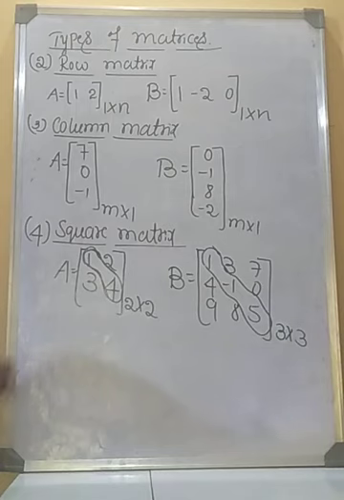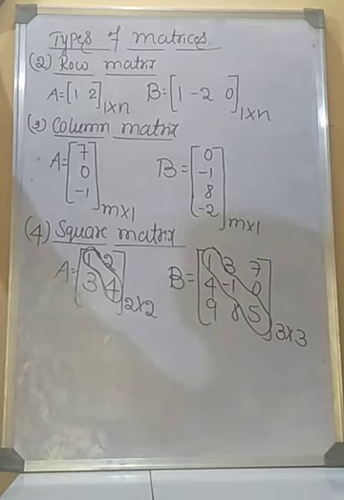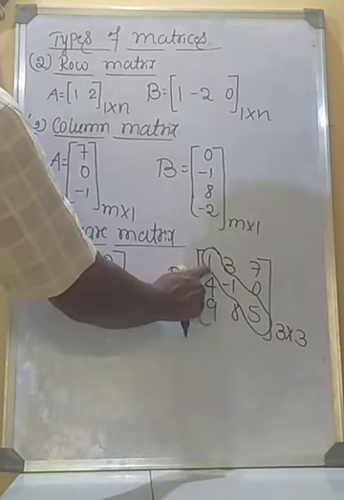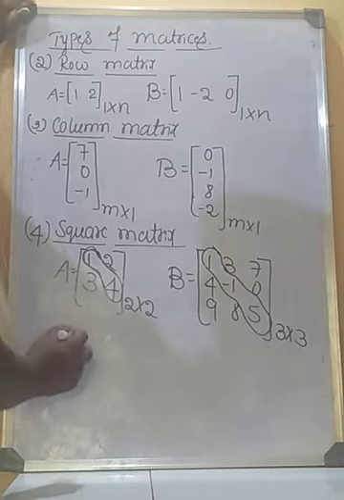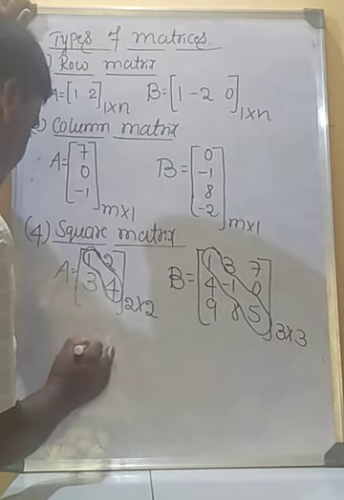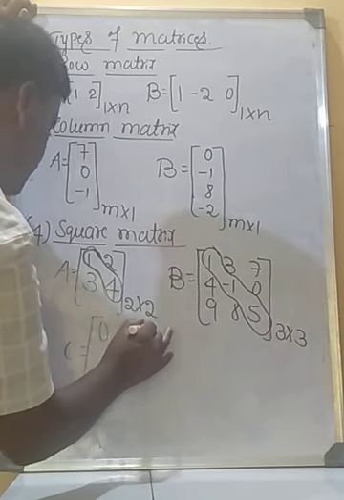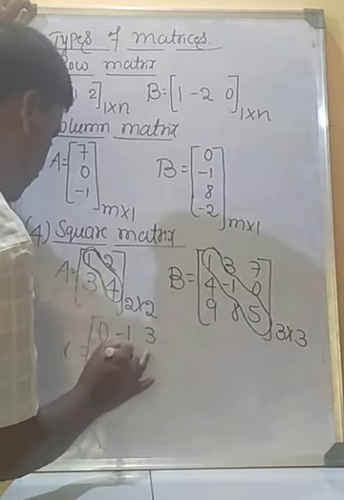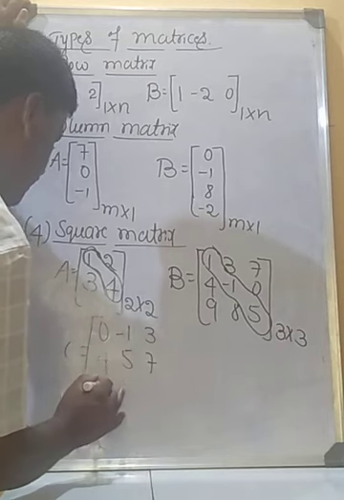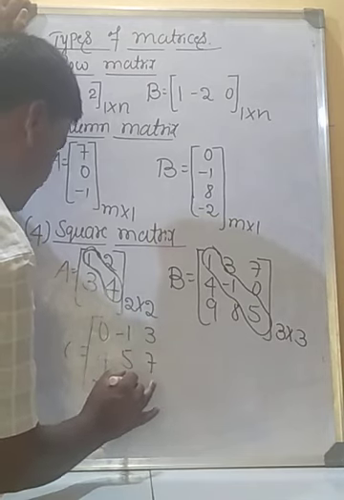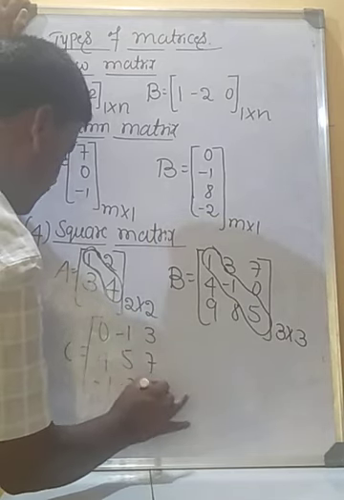In a square matrix, the elements on the principal diagonal are called the principal diagonal elements. One more example, matrix C is equal to [0 -1 3; 4 5 7; -1 7 -3].